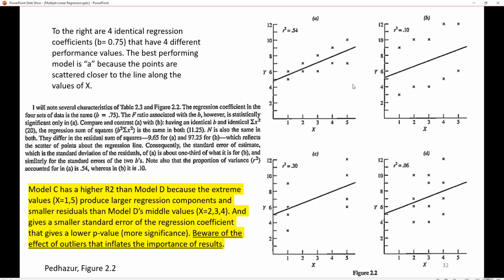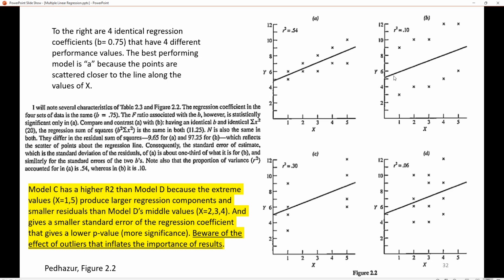We have 4 different R-squares, and the reason why is, for example, on the top left we have an R-square of 0.54, and we see that because our regression trend line falls between these actual data points, which are represented by the stars. Those data points are actually pretty close to our trend line, and because of that, that gives us a strong regression component that's bigger than our residual component, and that gives us an R-square of 0.54.